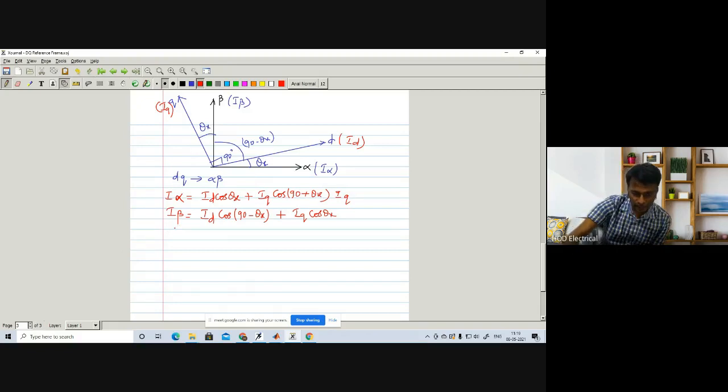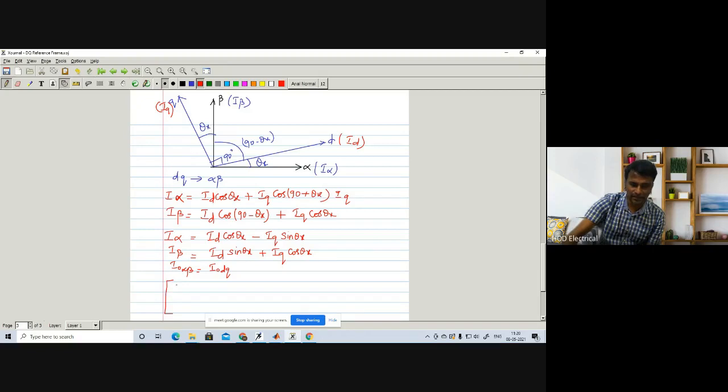So we can write I alpha is nothing but Id into cos theta x minus Iq into sine theta x. Then I beta can be written as Id into sine theta x plus Iq into cos theta x. I already told you I naught in alpha beta is the same as I naught in dq.